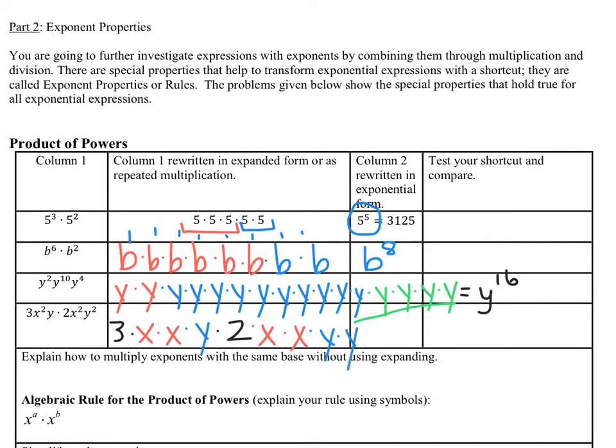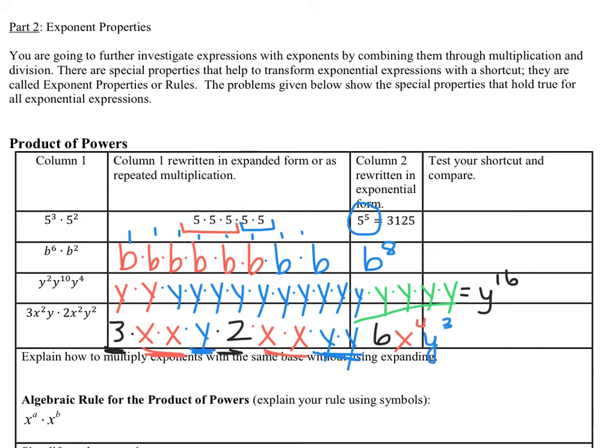I'm just expanding it all out. So if I look at the 3 and the 2, 3 times 2 gives me 6. X times x times x times x, so 2 x's here and 2 x's here gives me x to the fourth. And then 1 y here and 2 y's here gives me y to the third.